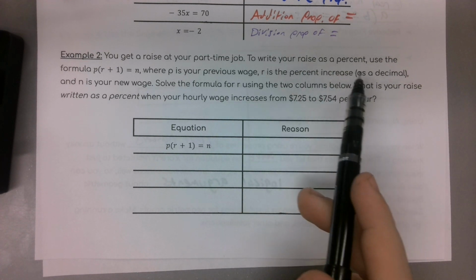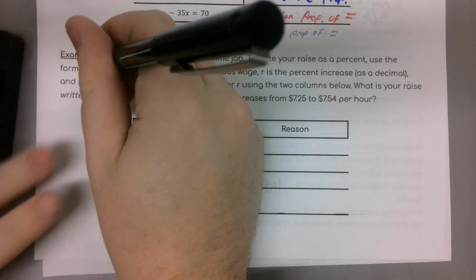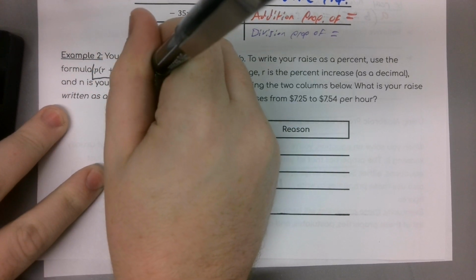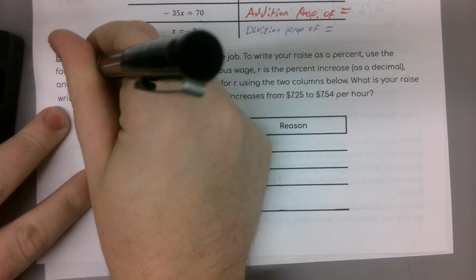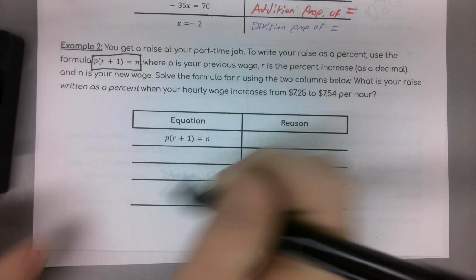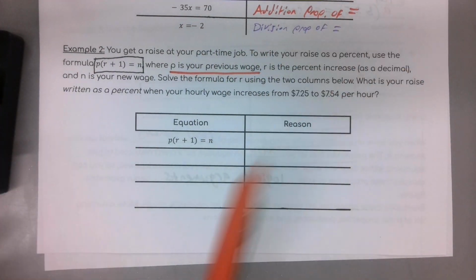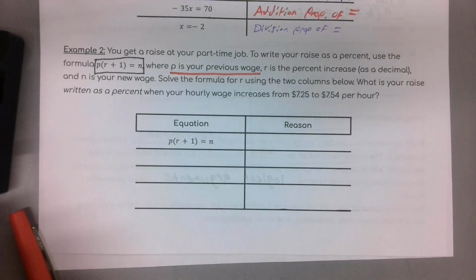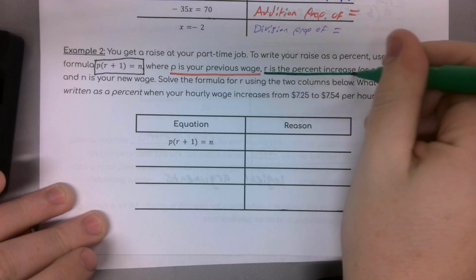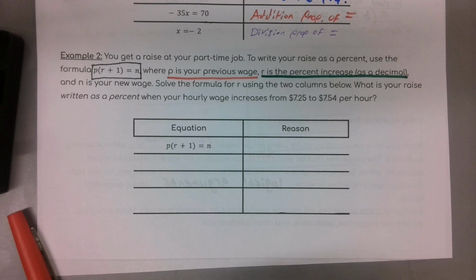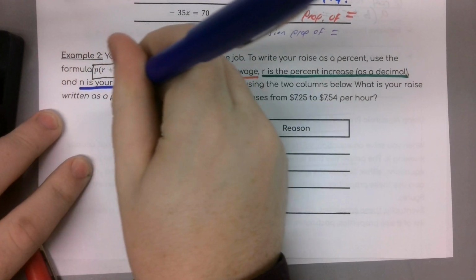To write your raise as a percent, use the formula P times parentheses R plus 1 equals N, where P is your previous wage, R is the percent increase as a decimal, and N is your new wage.